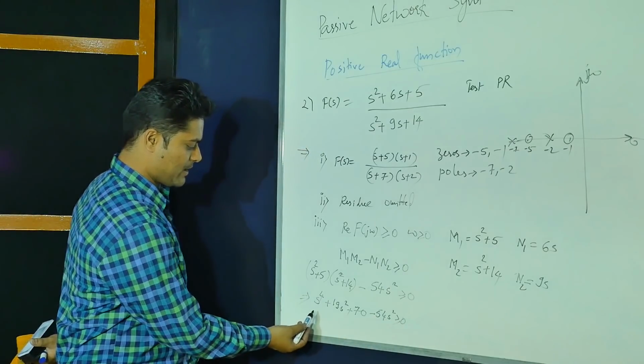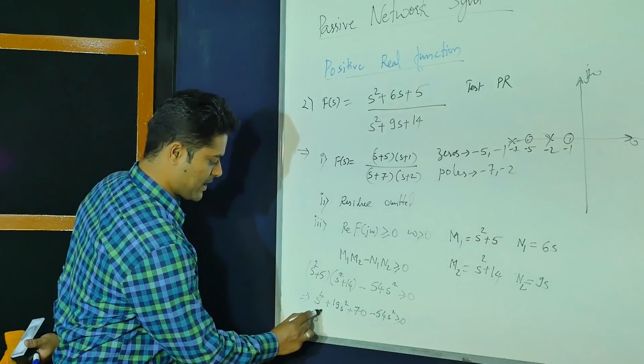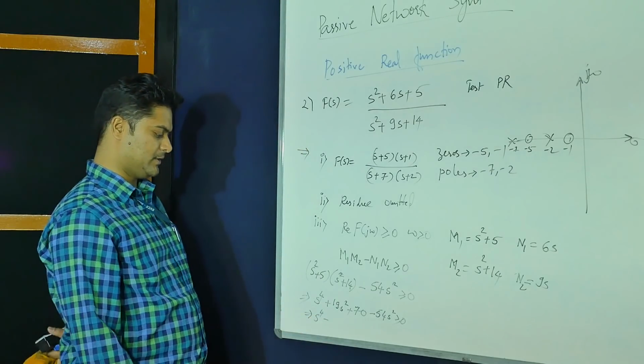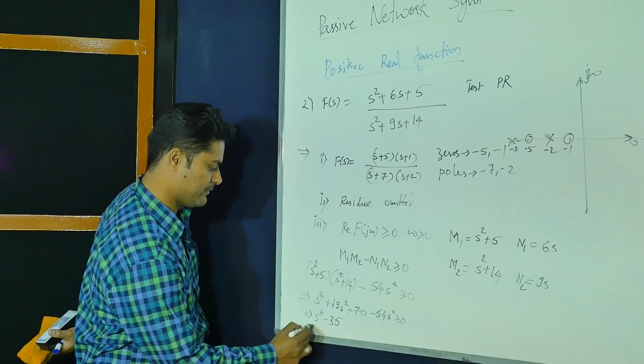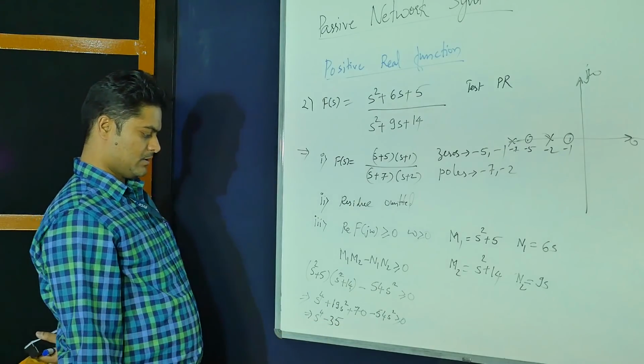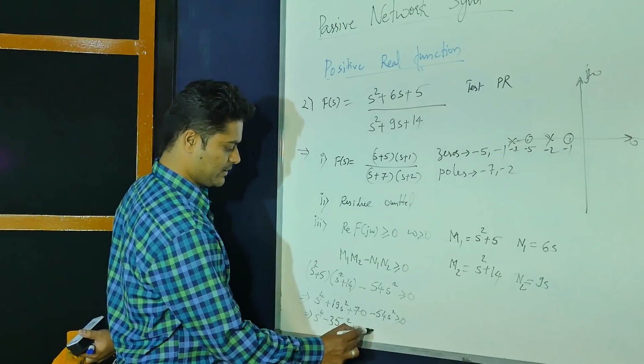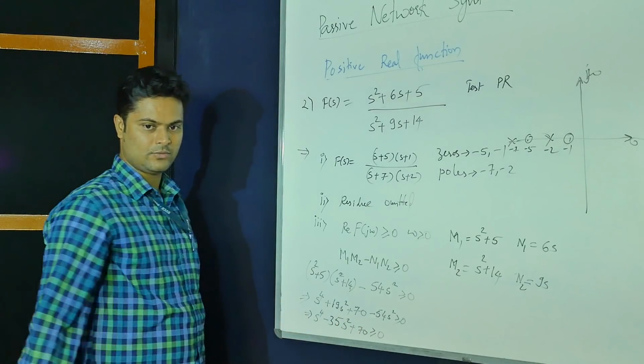So s square has 19 minus 54, which is minus 35. We get s to the power 4 minus 35 s square plus 70 greater than or equal to 0.